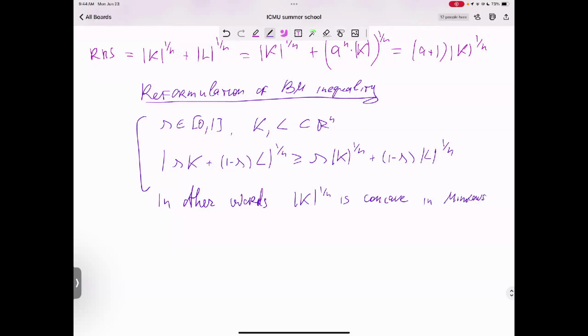So you can say that the Lebesgue measure is 1 over N concave, or the Lebesgue measure raised to the power 1 over N is a concave functional on the collection of sets.